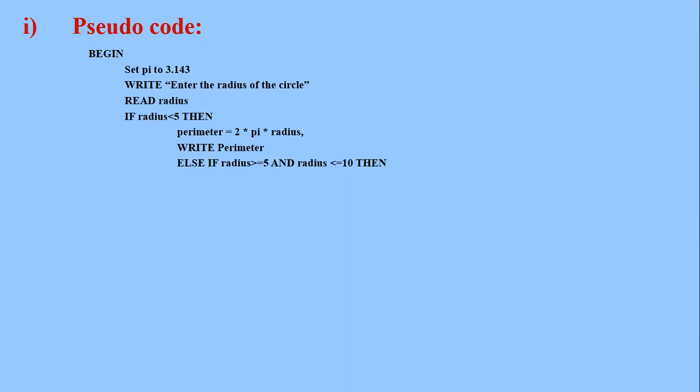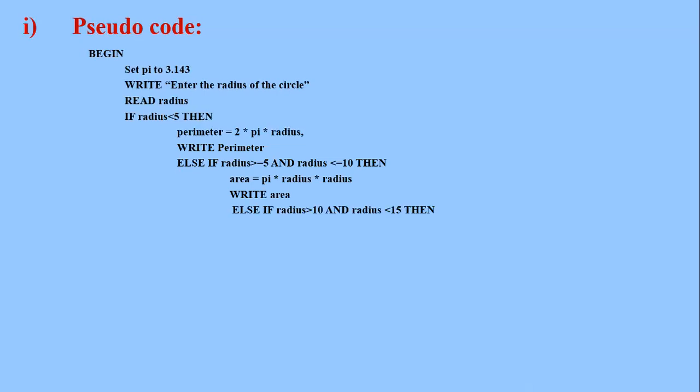Otherwise, or else, if radius is greater than or equal to 5 and it is less than or equal to 10, then calculate area by multiplying pi times radius, and display the area.